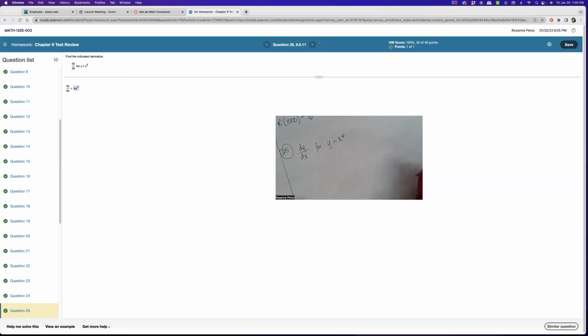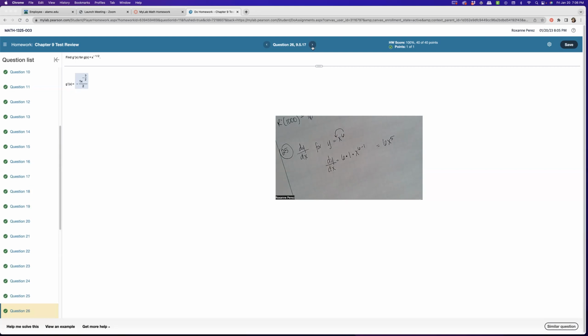And we're going to do the same thing we've been doing. So dy dx, we're going to bring the exponent to the front and multiply. So 6 times our invisible 1 times x to the 6 minus 1. So that's going to reduce to 6x to the 5th power. And you're done.